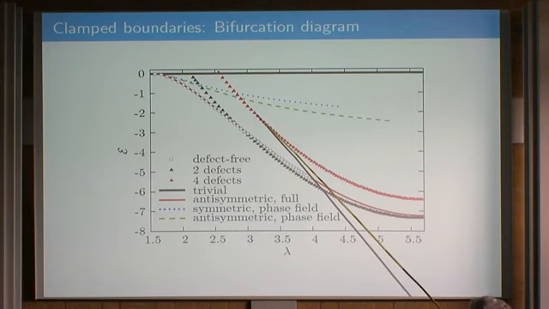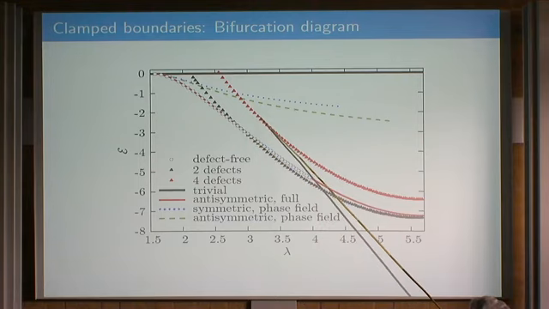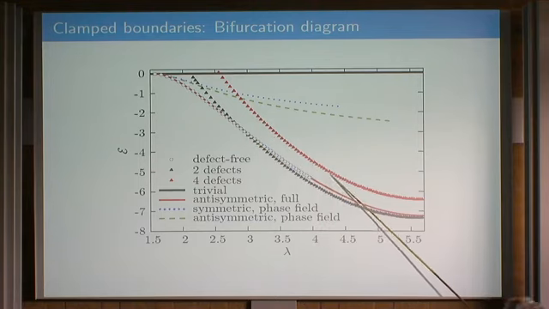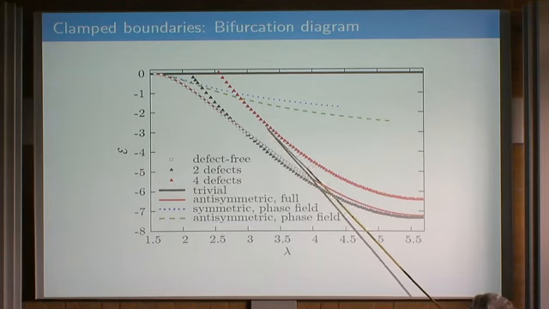The solution, of course, when it has defects, should have a minimum of 2 defects by topology. This is a solution with 4 defects, which has a higher energy, but in some computations it will also appear, and it depends basically on the random initial conditions.